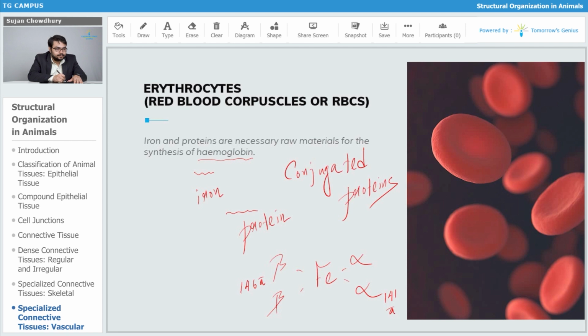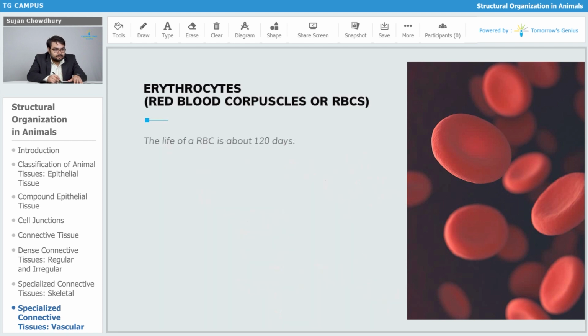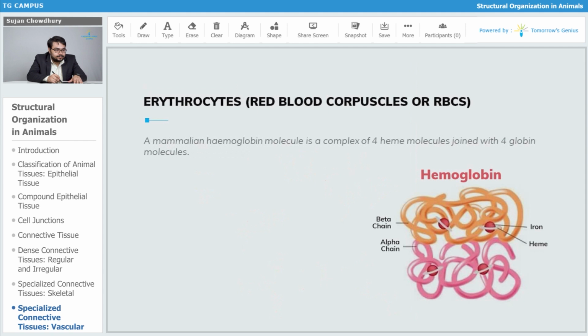As we have already discussed, the lifespan of an RBC is 120 days. A mammalian hemoglobin molecule is a complex of 4 heme molecules joined with 4 globin molecules. So here we can really see that there is iron, and with iron we are getting protein chains, polypeptide chains.